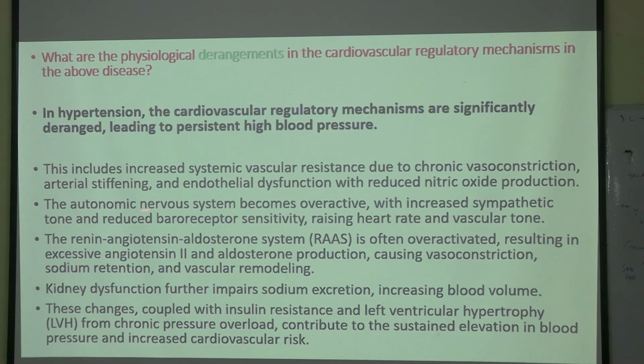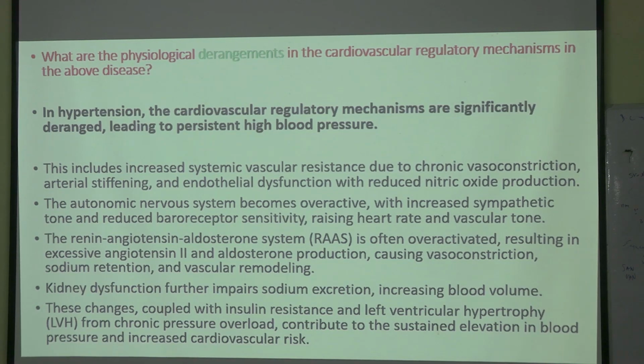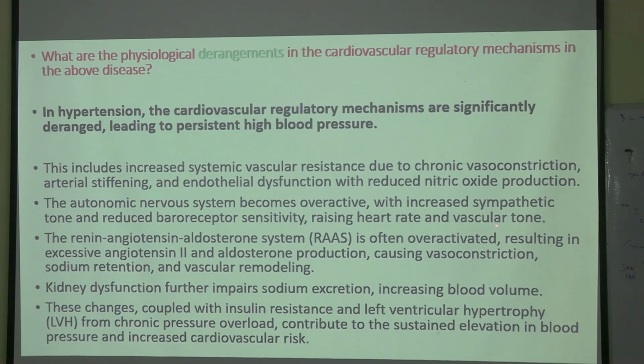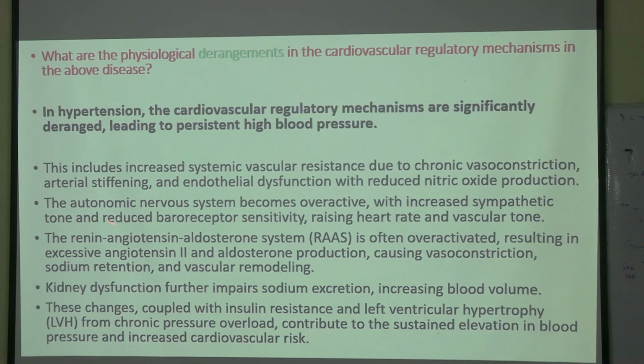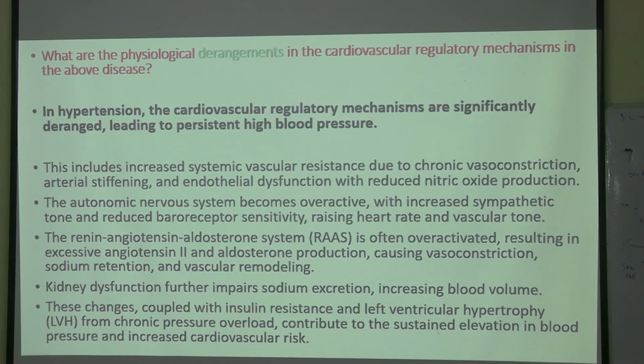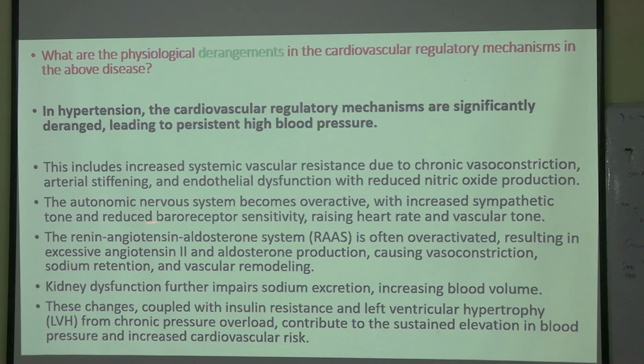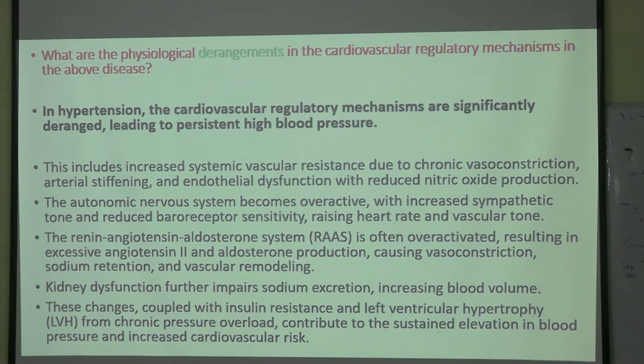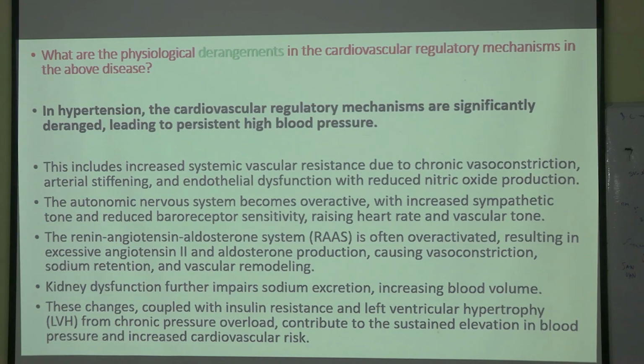Now, second, you see, the autonomic nervous system becomes overactive, right? So, due to the overactivity of the autonomic nervous system, there is an increased sympathetic tone and reduced baroreceptor sensitivity, and both the increased sympathetic tone and the reduced baroreceptor sensitivity ultimately cause changes in the heart rate.